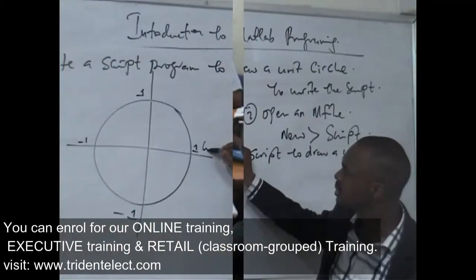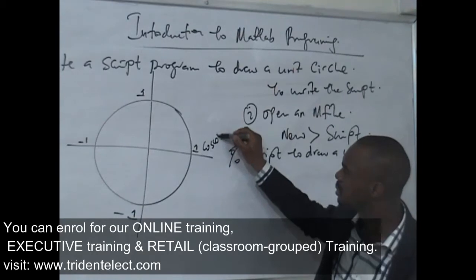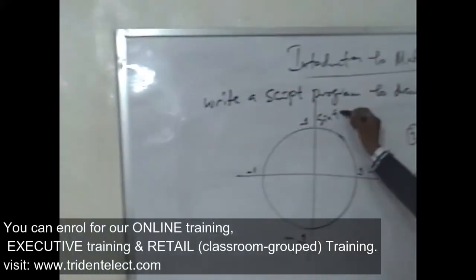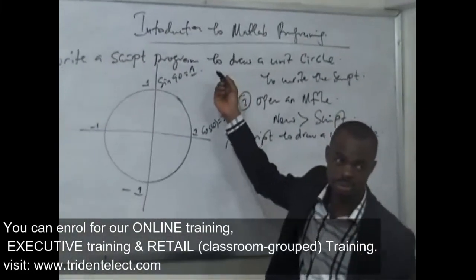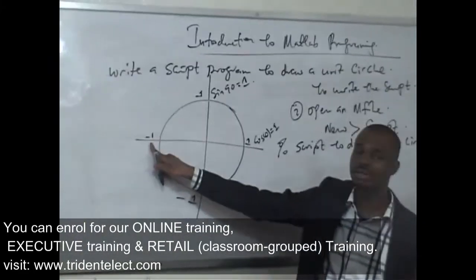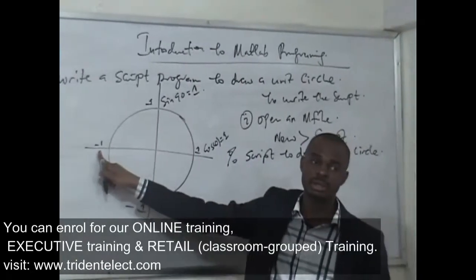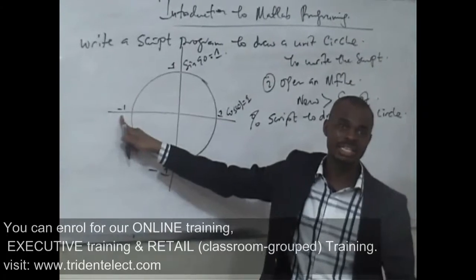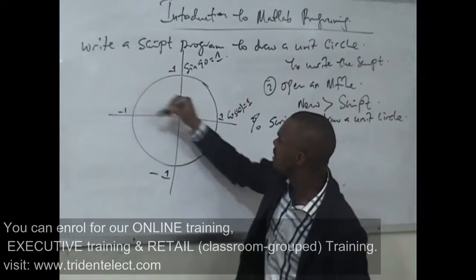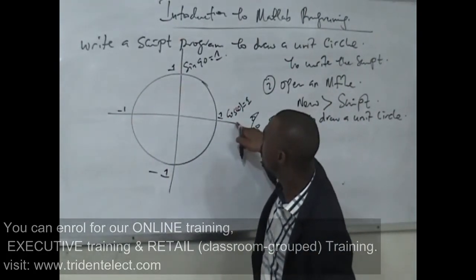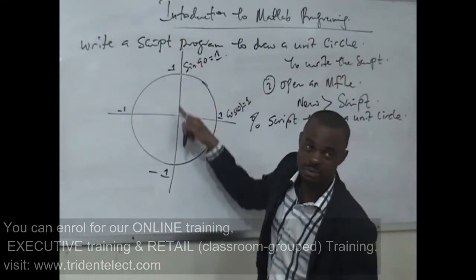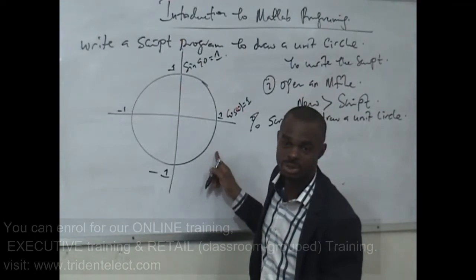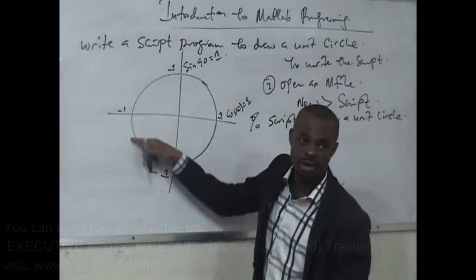At this point, cos 0 is equal to 1. The sine of 90 is equal to 1. The cosine of 180 is minus 1. So you can see that if we compute the sine of all the angles from 0 to 360 and the cosine of all the angles from 0 to 360, we are going to be able to draw a unit circle.